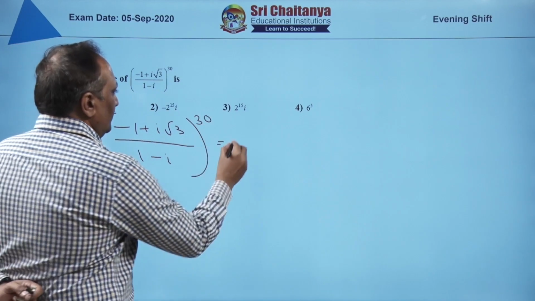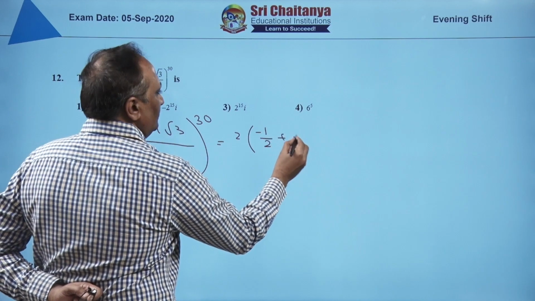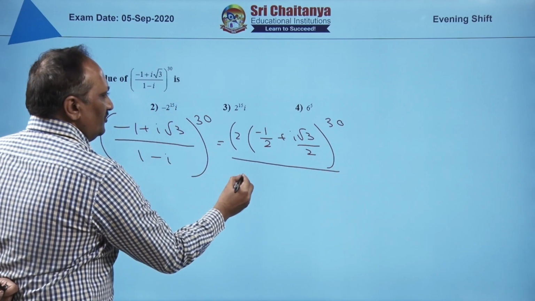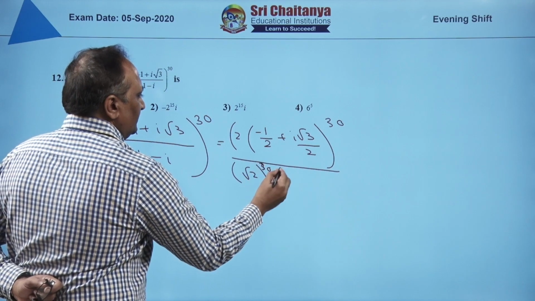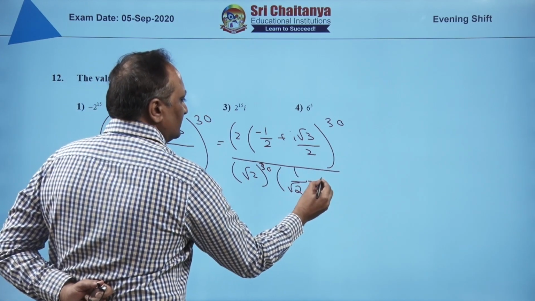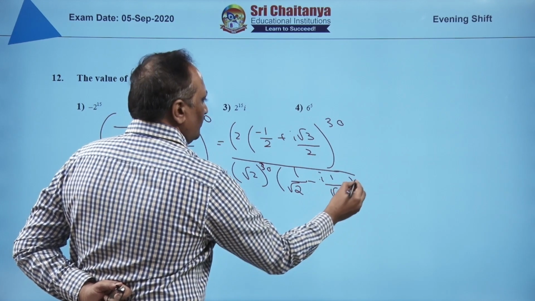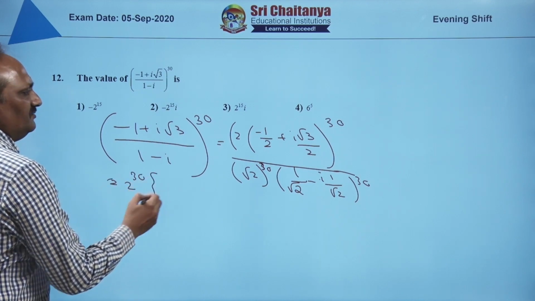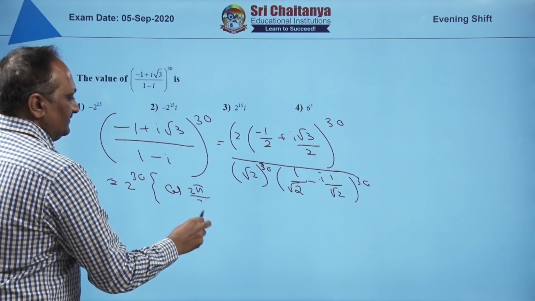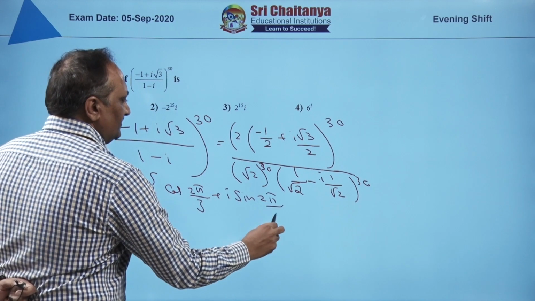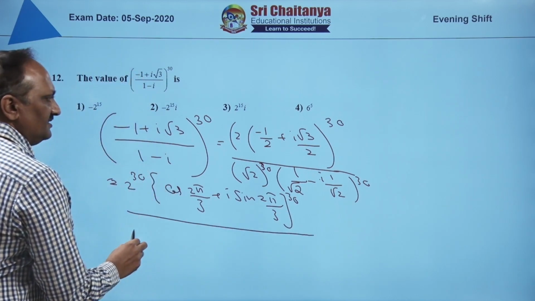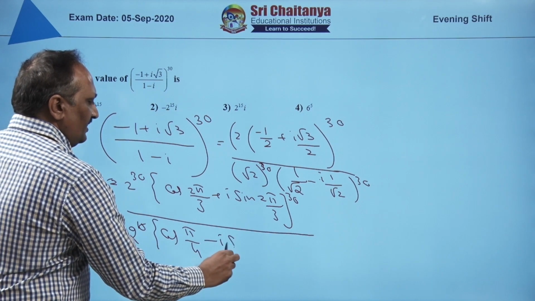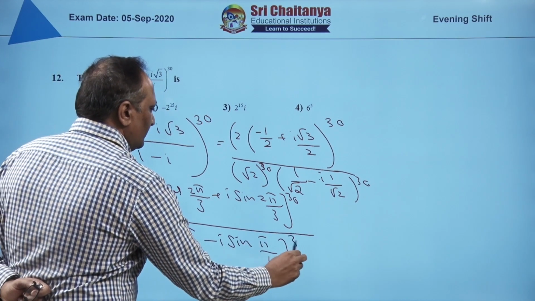By writing in polar form, 2 you can take common here, minus 1 by 2 plus I root 3 by 2 whole power 30, and here root 2 you can take, root 2 whole power 30 into 1 by root 2 minus I into 1 by root 2 whole power 30 you can separate, and this is 2 power 30 into cos 2 pi by 3 plus I sin 2 pi by 3 whole power 30, and this is 2 power 15 cos pi by 4 minus I sin pi by 4 whole power 30.